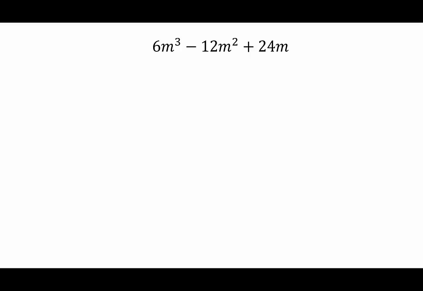Let's look at this final example. The first thing we want to do is find our GCF. Now, when I do this one, I'm not going to use the whole GCF because I want to show you a little bit of a process that you can use to make sure that you are getting everything. And so, what if my GCF is 2m? And I'm still going to have my parentheses. And then my second step would be factor.